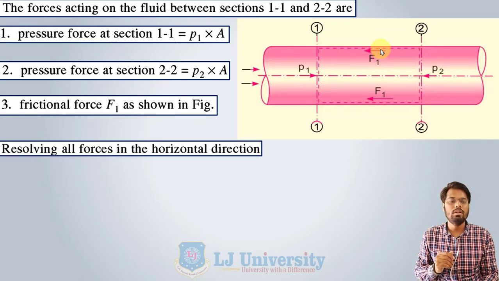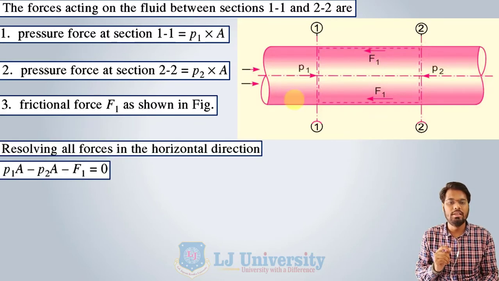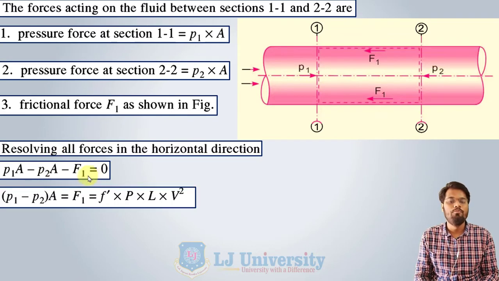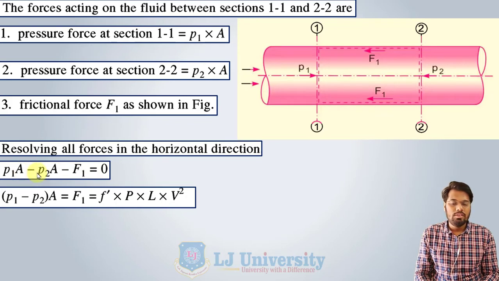Now, resolving all these forces in the horizontal direction, taking the right hand side direction as positive, we will get P1 into A positive. P2 into A and F1 directions are opposite to P1 into A, so they are denoted by a minus sign. So, P1 A minus P2 A minus F1 is equal to 0. Now, from these two terms, A will be common. So, P1 minus P2 into A is equal to F1.